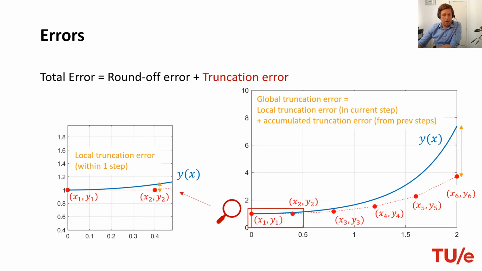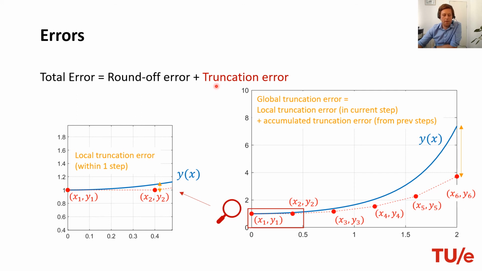Let's talk about errors. And we will talk a bit more about errors when we look at specific numerical methods. Now, errors, we always said that they are a combination of round-off error and truncation error. And in this case, we will talk mostly about truncation error.